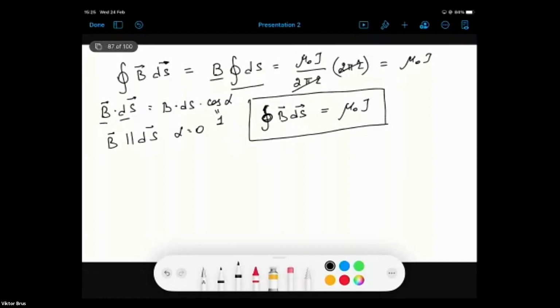Let us consider some long wire with electric current I flowing through this wire.